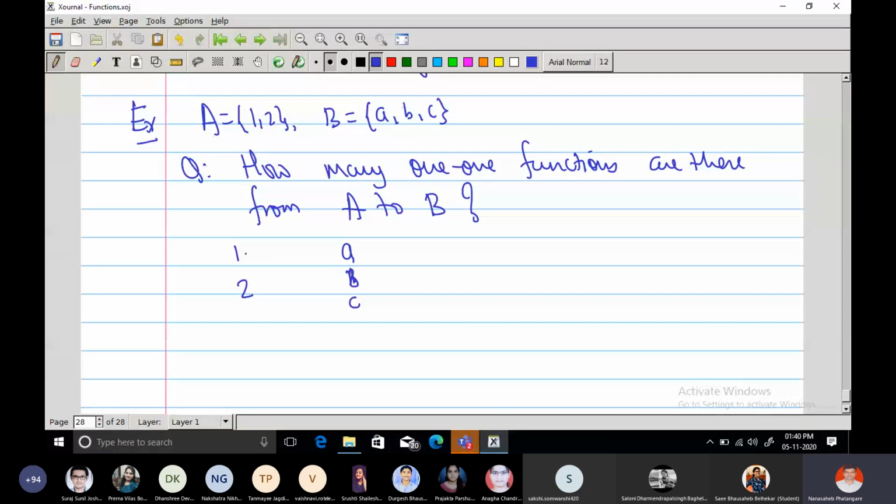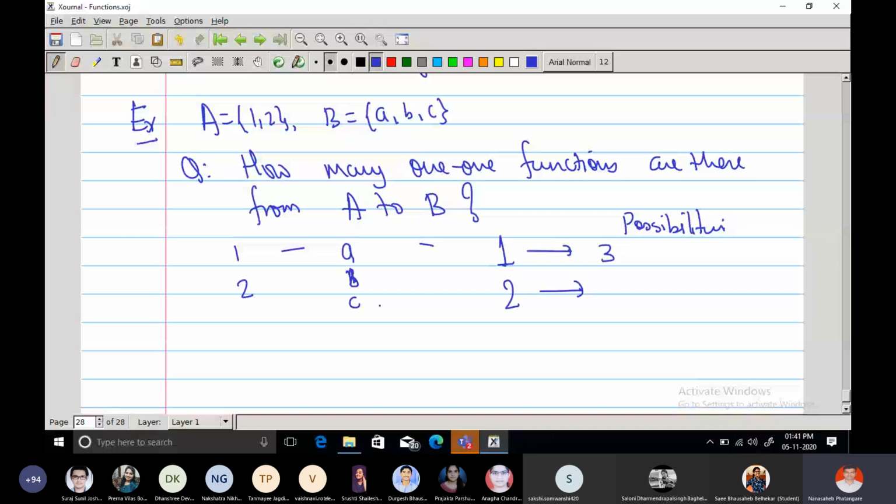If you want to define a one-one function, to map 1, how many possibilities are there to map 1 to some element in B? 3 possibilities, right? You choose one of A, B or C for 1. Once you select the image of 1, for 2, how many possibilities are there?